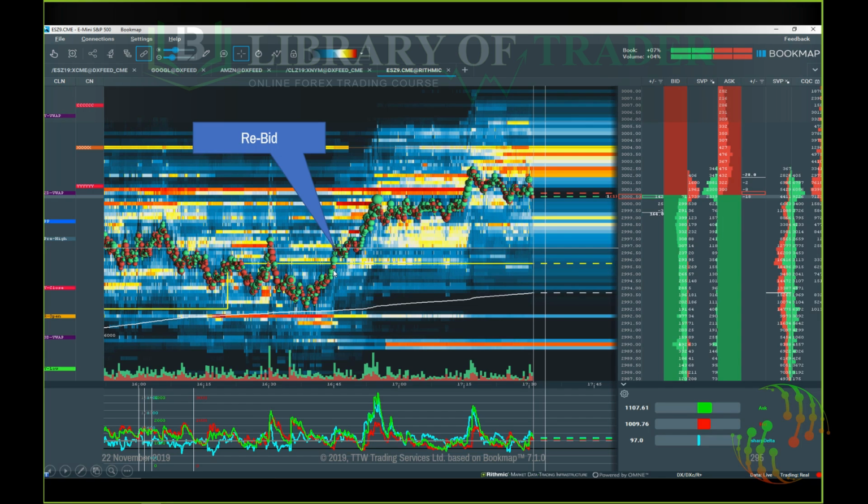The question is, it depends on your trading style, whether you want to rebid and not wait for 1 hour, 2 hours until the market is hitting this 3000 level or whatever level, or this liquidity level, because it's very clear what is going on. 97 to, and that's our target. This is our target area here. It's very obvious. We don't have a sweep, we don't have anything else around, but why should we miss this move?